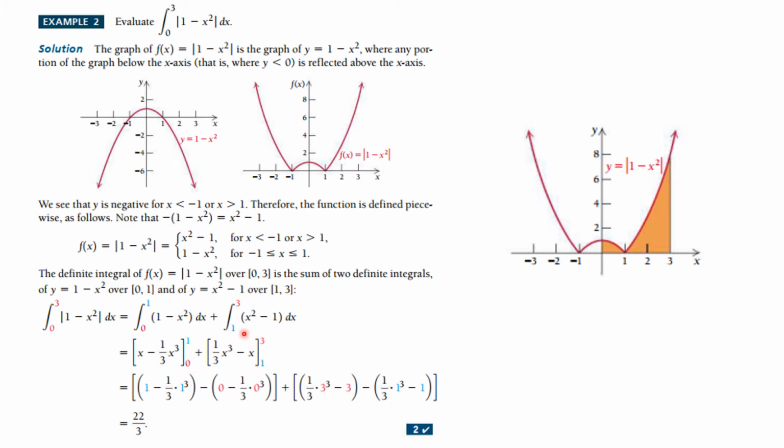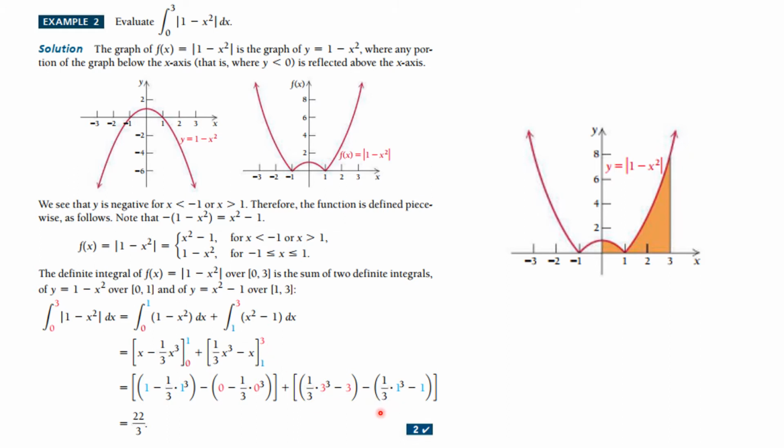Here, we do it term by term, getting this, evaluating it at the endpoints. So now we will stick in 1, subtract off sticking in 0, plus, this plus sign. We stick in 3 and 1.